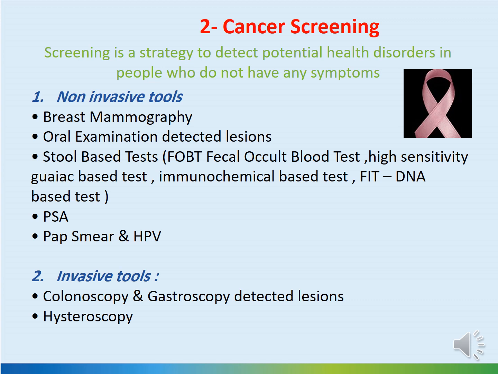Invasive tools, I mentioned before. Here we use some types of procedures, not only investigations, to detect cancer. Often we use anesthesia to do these procedures. Examples of invasive tools are colonoscopy or gastroscopy to detect precancerous lesions like polyps or early, small cancers in colorectal cancer.